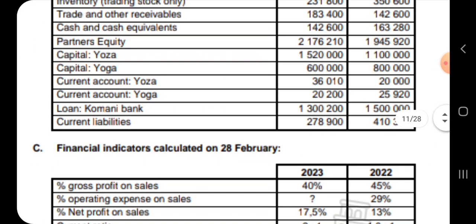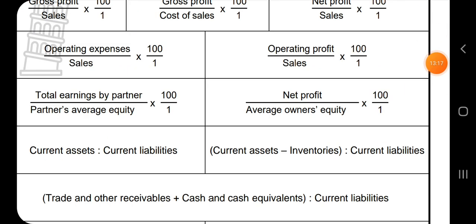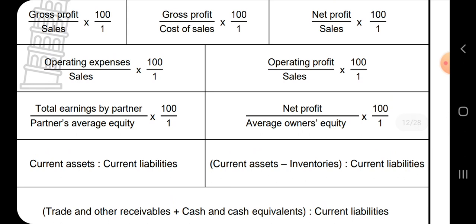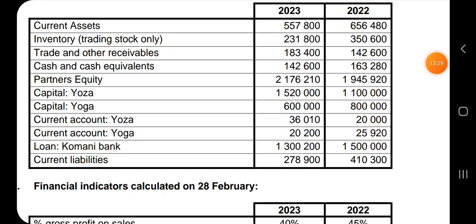So the acid test ratio, we're going to use this ratio at the bottom, where it's current assets minus inventory is to current liabilities. So that's what we'll use for the acid test. There is current assets on the top there for the 2023 block, 557,800.